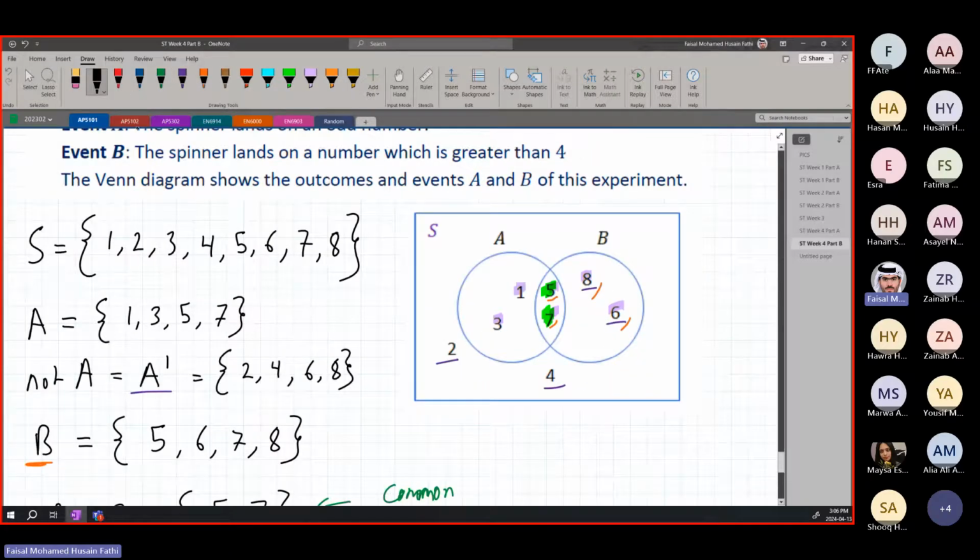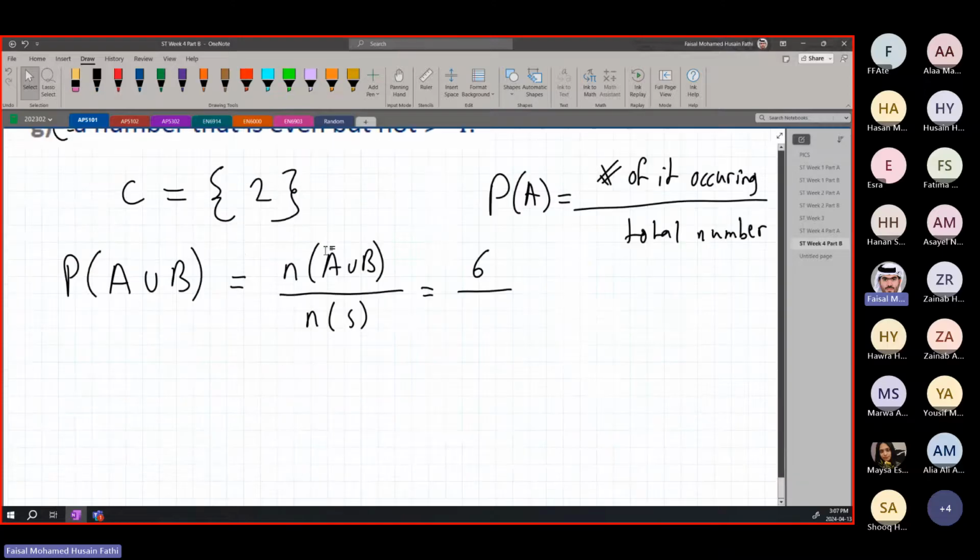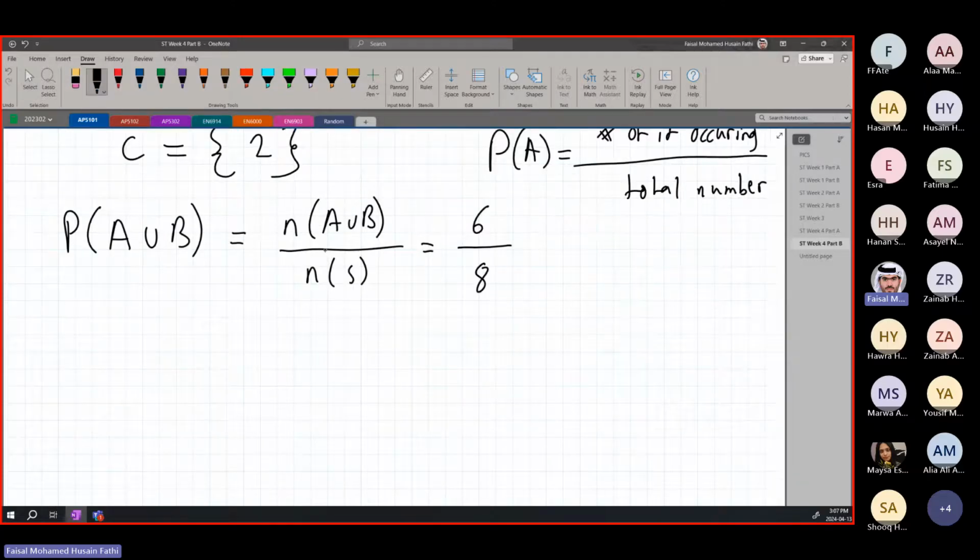So N of S is equal to 1, 2, 3, 4, 5, 6, 7, 8. We have 8 values. So it's 6 over 8, which is equal to 3 over 4, or 0.75. So 75% chance.